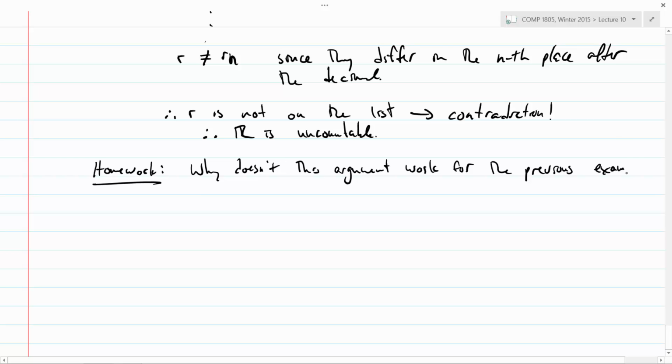It's kind of a subtle point, but a lot of people think that this argument would apply if you wanted to find a bijection between two sets that were clearly the same size, like Z plus and Z plus. Where does that fall apart? Why is that a problem? That's something I'll leave you guys to think about. That's it for today.